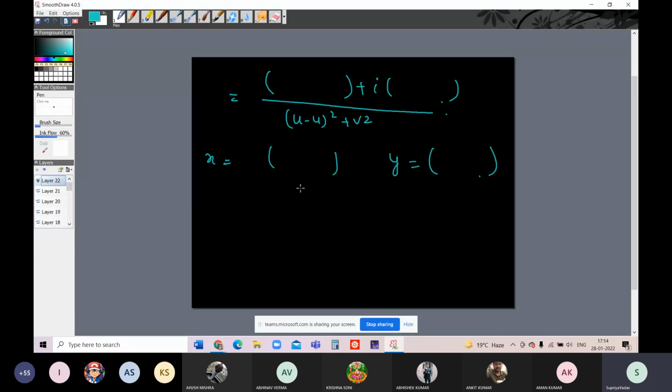After solving, we get something in the numerator and the denominator will be (u minus 4) square plus v square, and there will be something with i, some part here. So correspondingly x you will get in terms of u and v, and y also you will get in terms of u and v. Solve this clearly and you will get it from here.